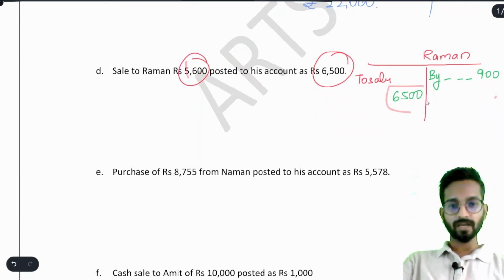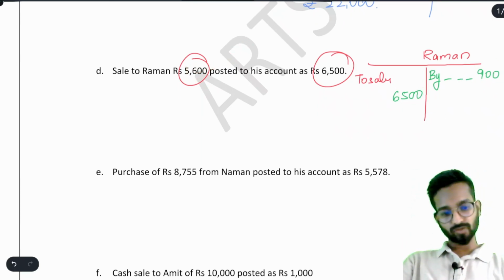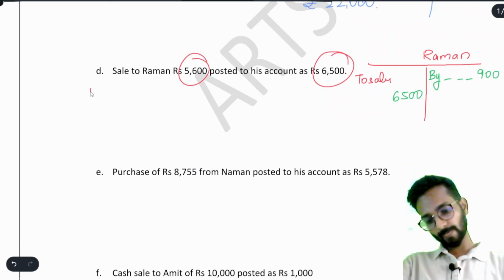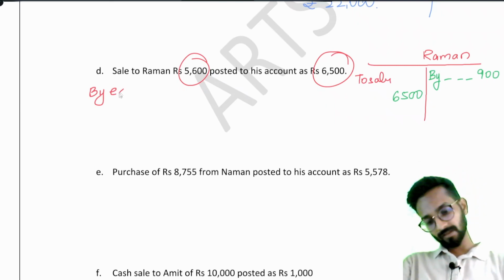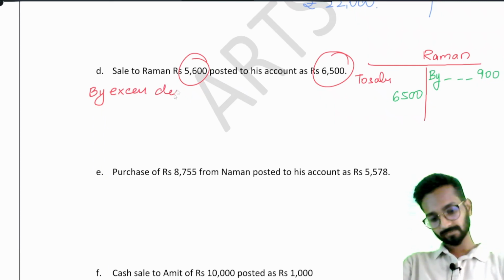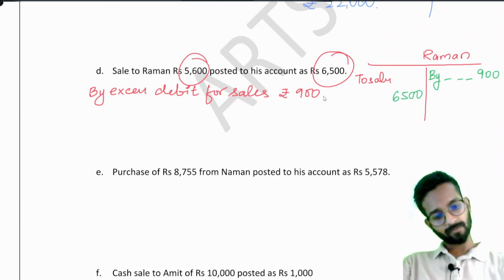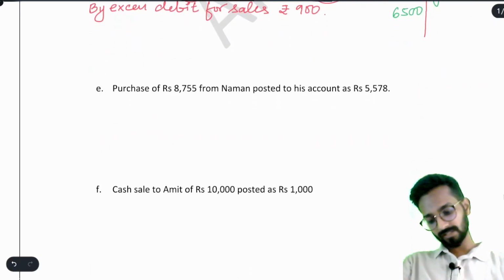Understood? That will be our debit balance of 5,600. So I will write here "by". In the first case, we wrote "to short debit" because the debit was less. Now we have debited extra sales. So I will write here "by excess debit for sales rupees 900". Simple.